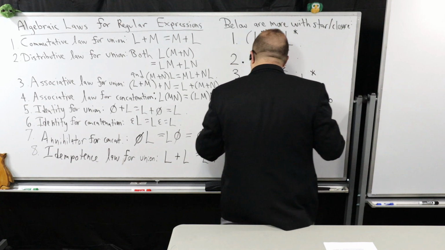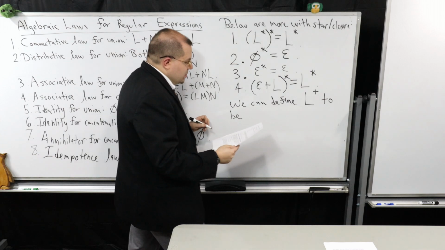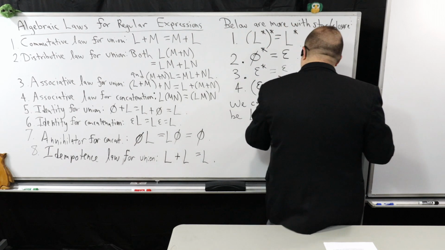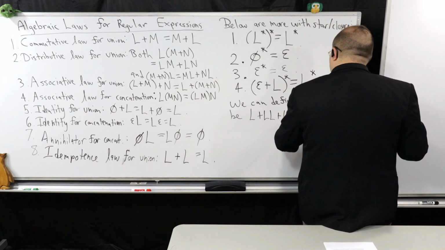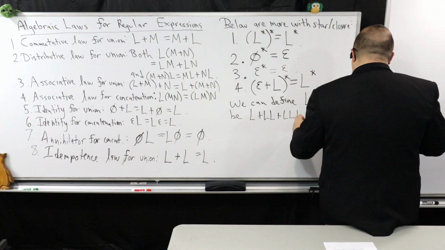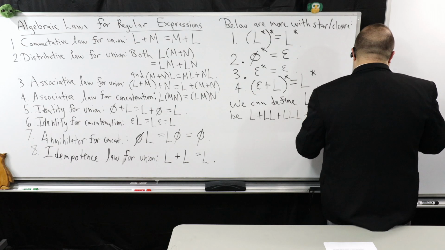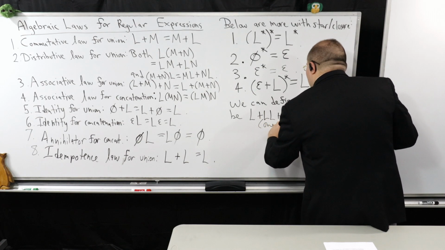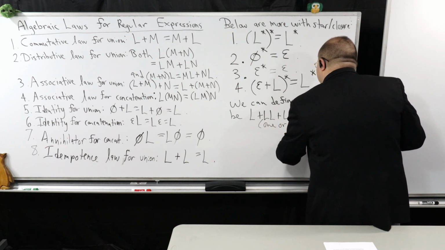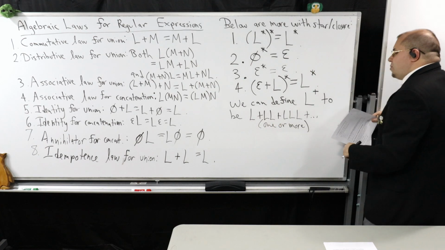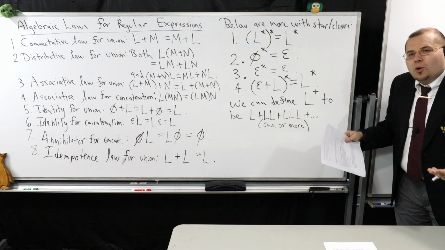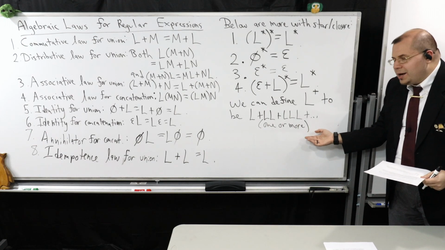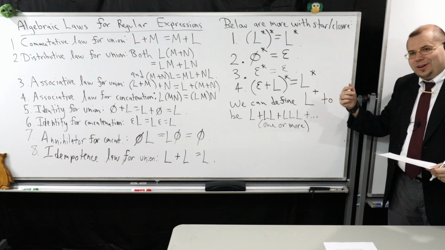This is the modification of the star operator to be L, or L concatenated with L, or L concatenated with L concatenated with L, like this, and I can keep going. You could think of this as 1 or more when we use it. So in star we have 0 or more, right, for our choices. Here this forces 1 or more. That's what this plus is going to represent.